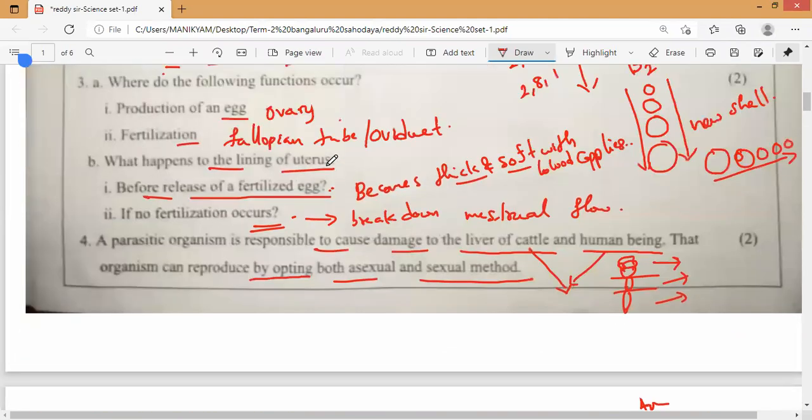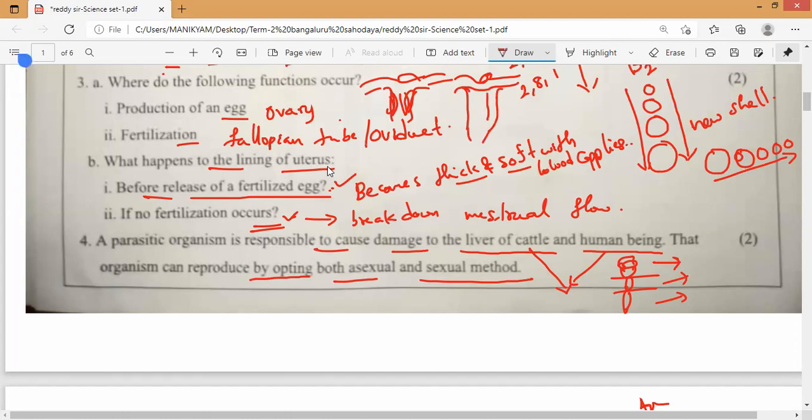Even this question, before the release of the fertilized egg, if no fertilization occurs: I taught you 2 diagrams. You might notice the fallopian tubes. Yes, Arvind, you might be checking it. Implantation, how the thickness of the walls happens, and in the same way, if no fertilization occurs, how the egg will die, and along with the bleeding, how it comes out through the vagina.